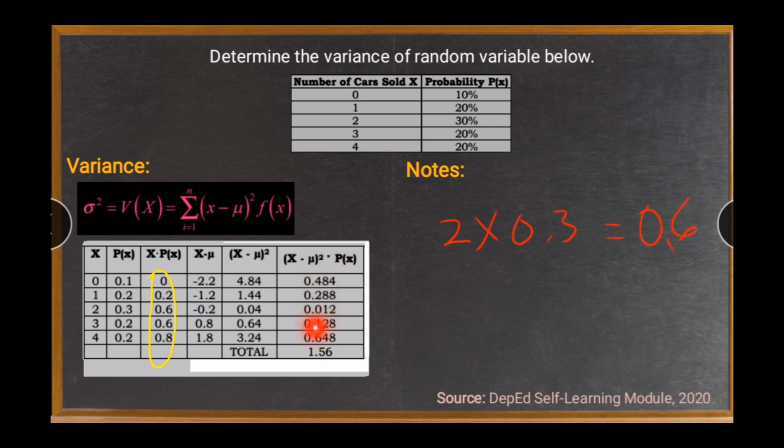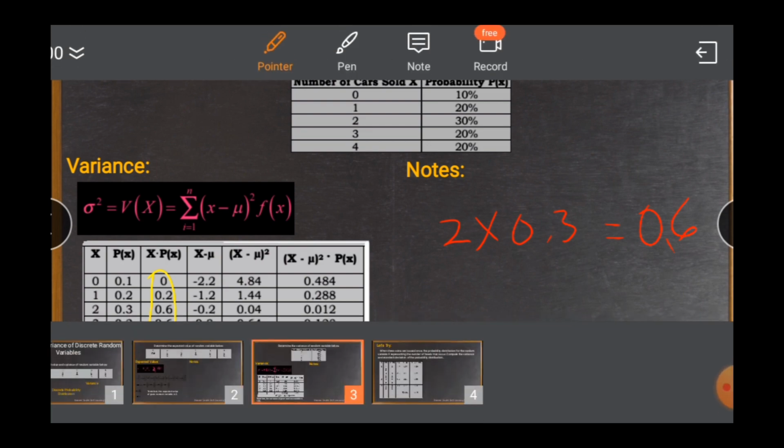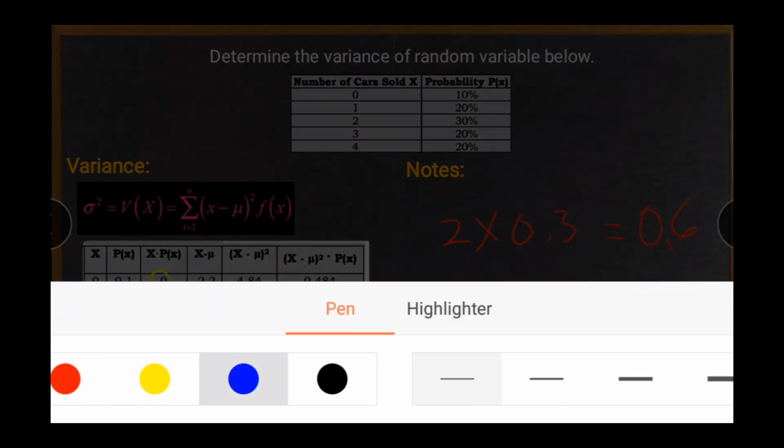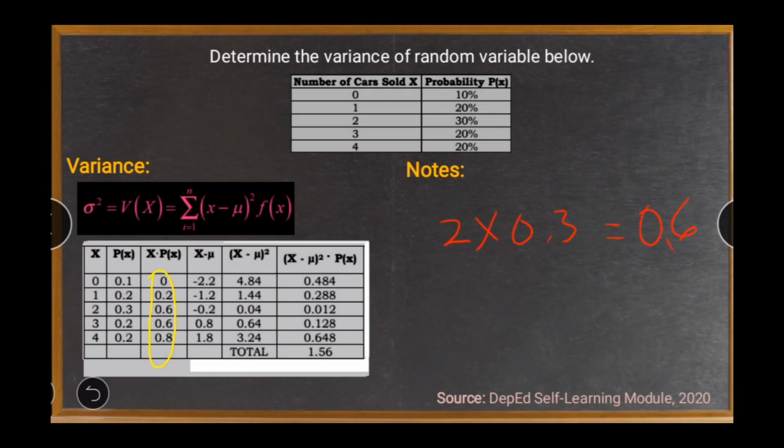What you're going to do is take the previous answers and multiply them by the probability function. Meaning, you multiply this one to this one, and the resulting answer would be this one.